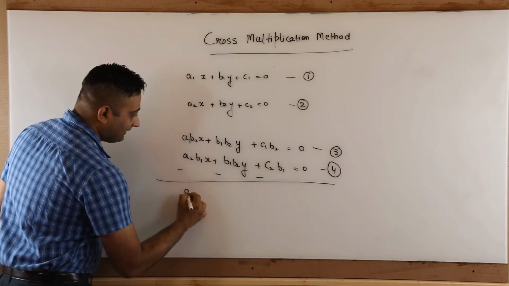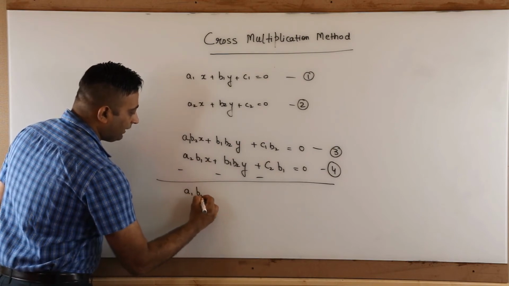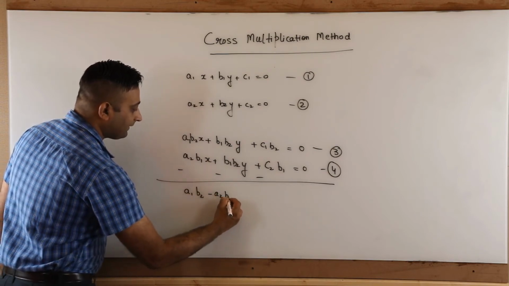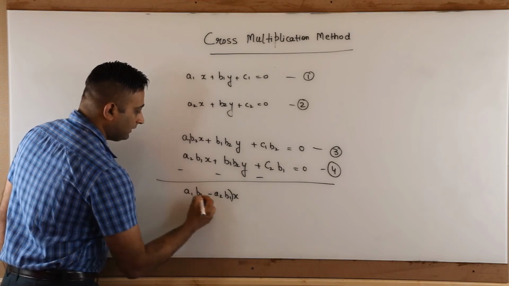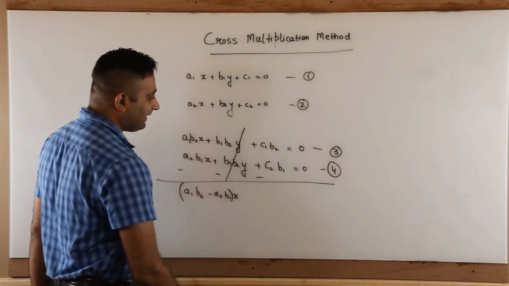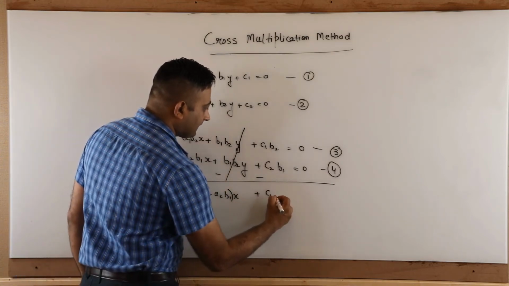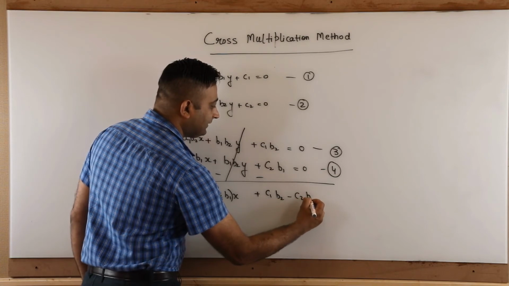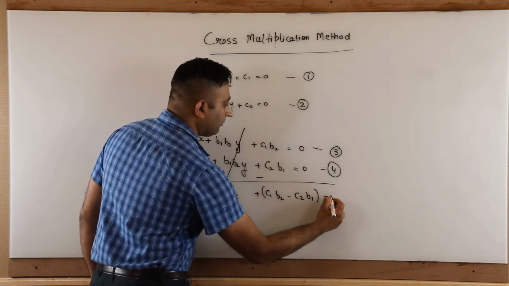So you can see that the coefficient of x is now A1 B2 minus A2 B1, and the terms containing y are cancelled, plus C1 B2 minus C2 B1 equals 0.